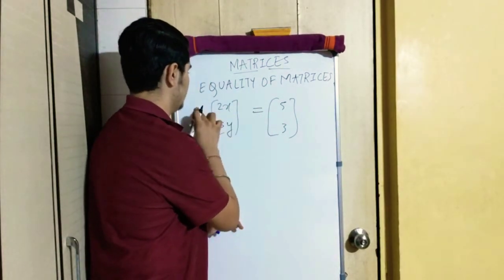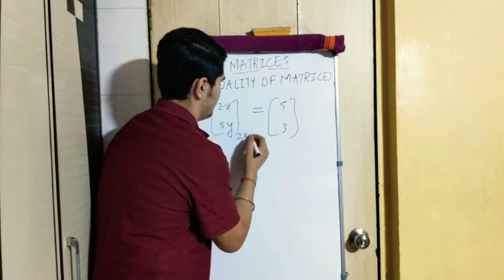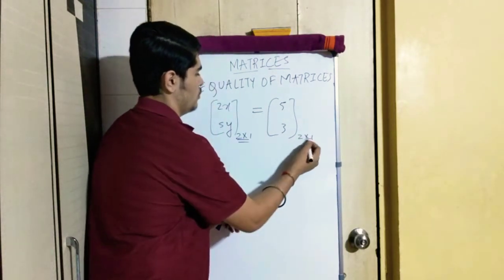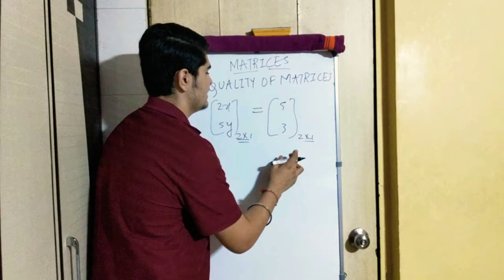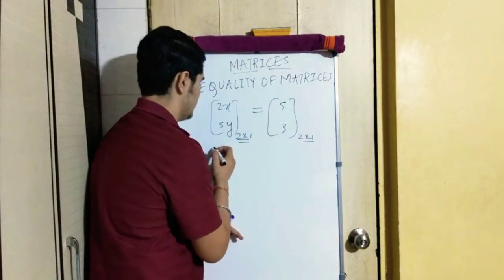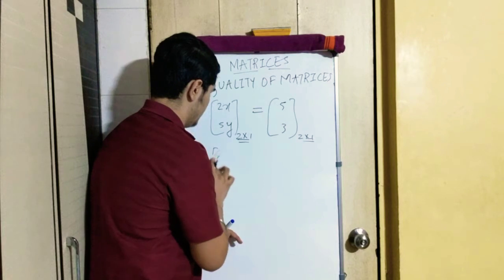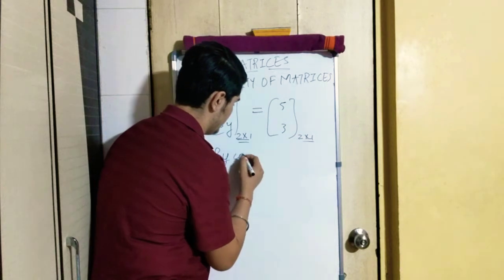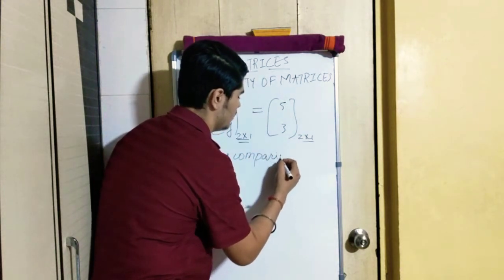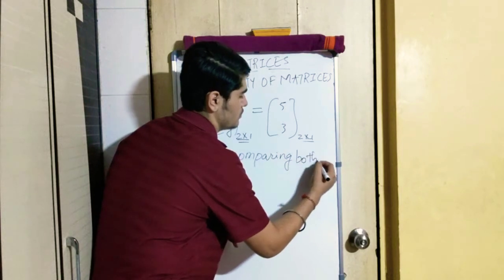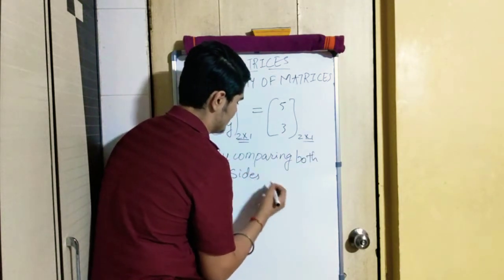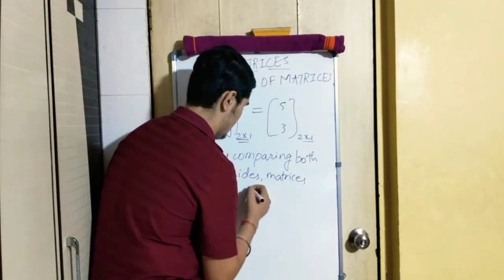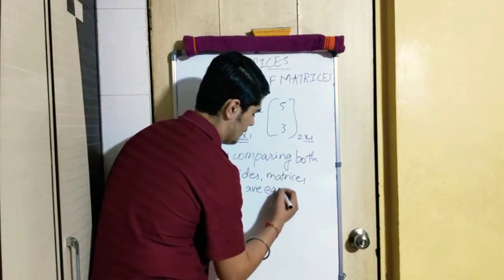The order of the matrix here is 2 into 1, and here it is 2 into 1. So the order of the matrix on both sides is the same. Hence we can say that, by comparing both sides, the matrices are equal.